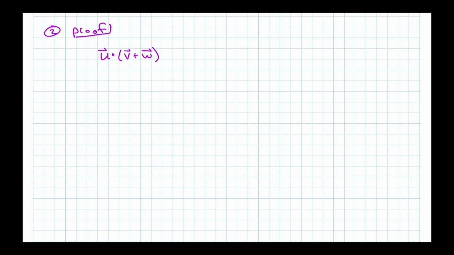And so I'm going to assume that u is u1, u2, u3, v is v1, v2, v3, w is w1, w2, w3. So if we write this out, by definition, this is the vector u1, u2, u3 dot the vector v1, v2, v3 in triangle brackets, plus w1, w2, w3. So that's how I'm going to write them. Now, if we're doing this in order according to the parentheses, I need to add these two things together.